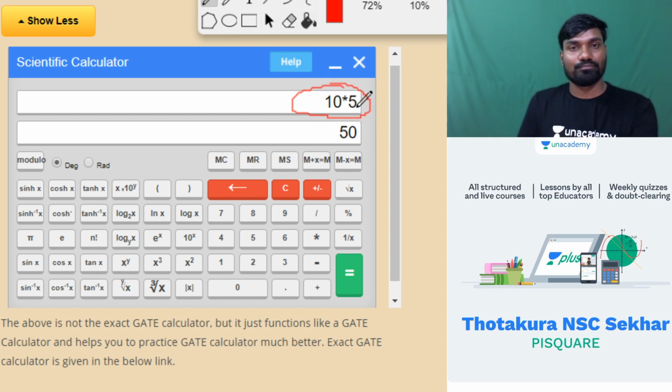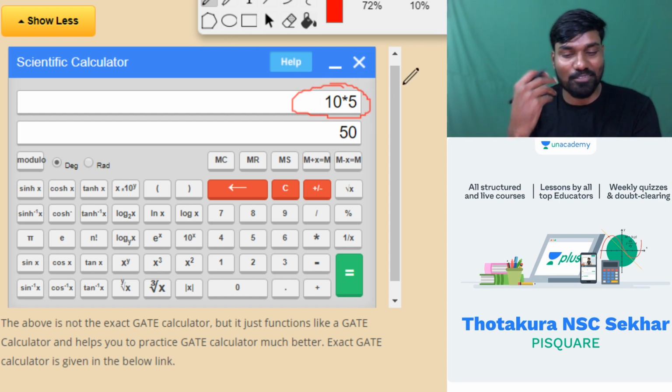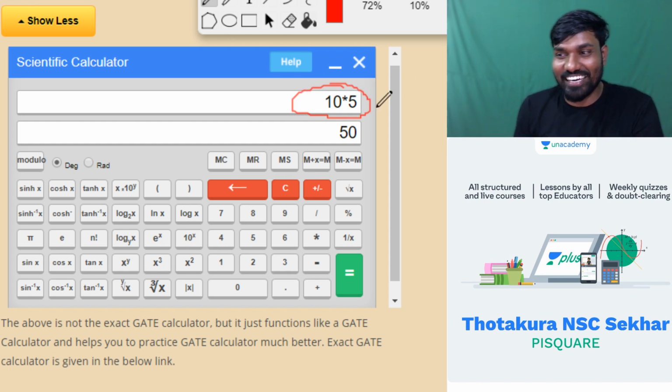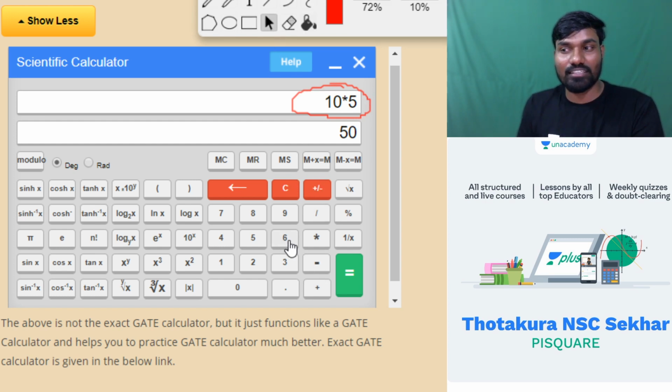It may be surprising, but most students do not enter it correctly, maybe because they press it wrong. They think they have pressed 6, but 6 has not appeared here. So make sure the entered equation is correct. These are what we call silly mistakes. Try to avoid them. These are the 2 tips, follow them throughout.